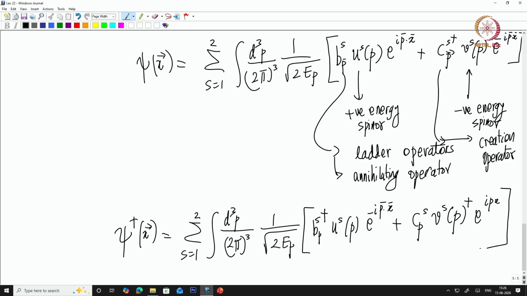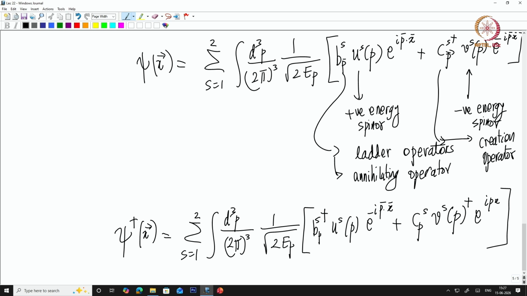So you notice that b dagger is the creation operator associated with the particle, with a spinor u^s, plane wave factor e^{-ipx}, and c dagger in the top equation creates an antiparticle essentially.